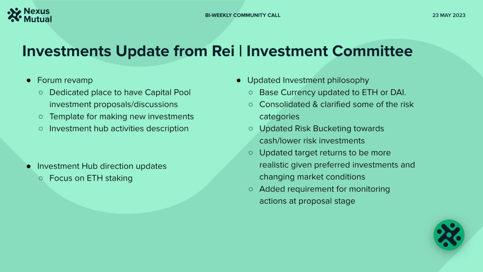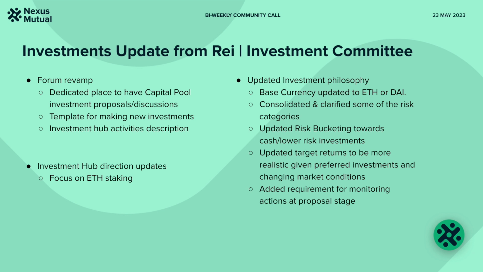For example, there's no more hard limit on what percentage of the capital pool is exposed to a single investment, but we just have some thresholds where if we go above 20%, then it's considered to be a higher risk investment. So that kind of thing where we solved some of the internal contradictions in the document.